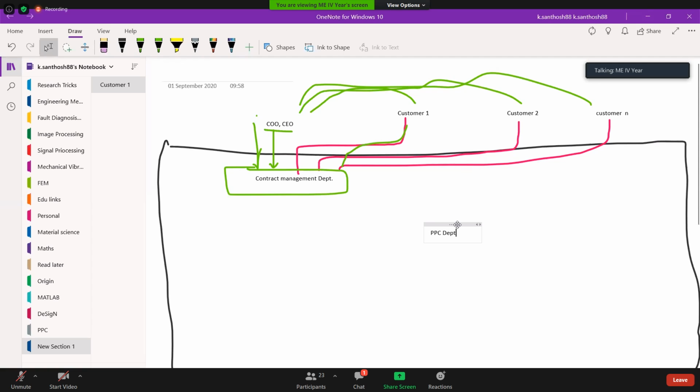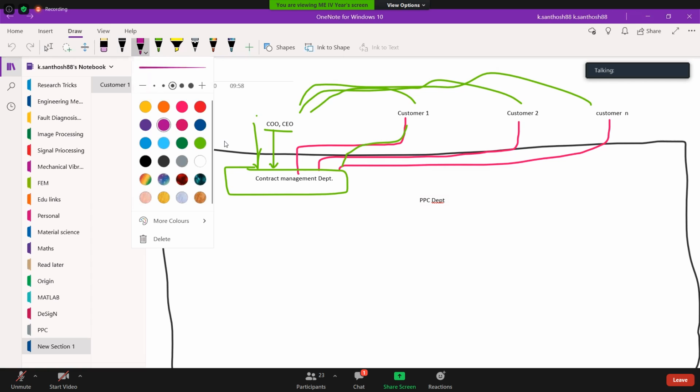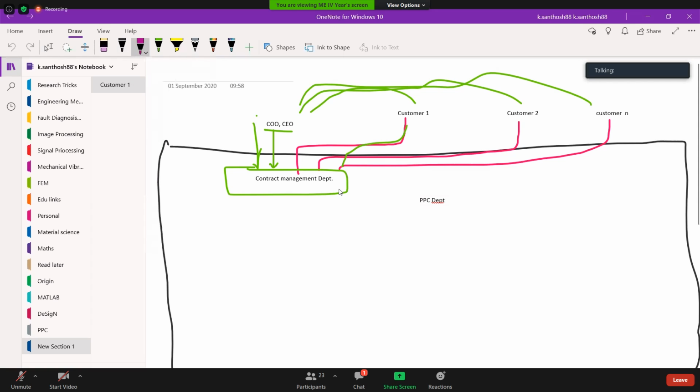The role of this PPC starts from here. They will receive complete information related to that product: what requirements the customer has, whether the quantity is 10 or 5, everything with a document.